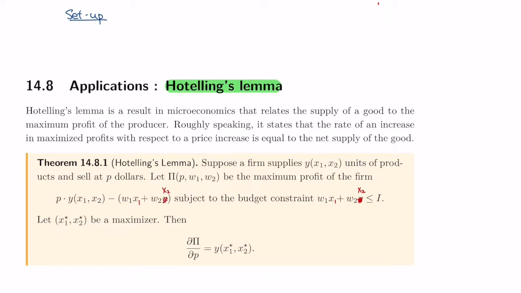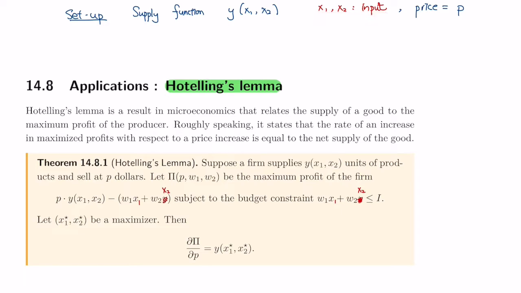So now you are a supplier, and you have a supply function. The supply function of a good is given by y of x1, x2, and of course x1, x2 are the inputs. And then you're selling your product at price P. But the inputs of manufacturing your good come with a cost.